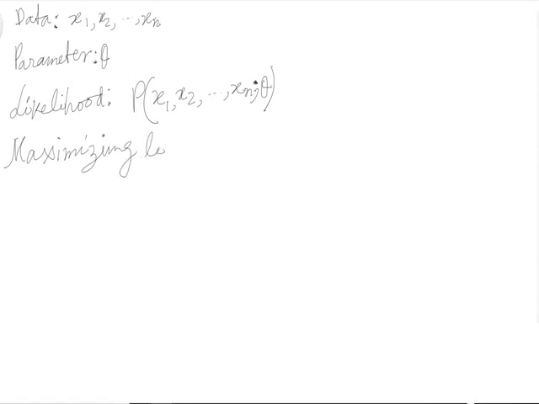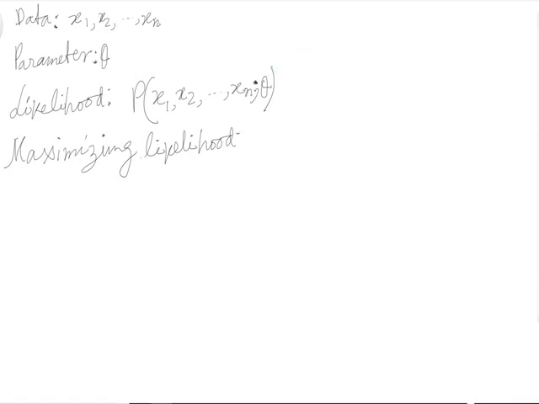The semicolon here denotes that the values x1 through xn are the values of the variable or the observations that we have, and theta is the value of the parameter. And we want to maximize this likelihood function, and the maximization will be over the parameter theta.